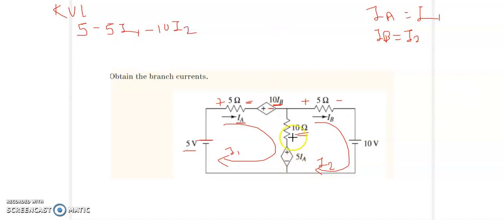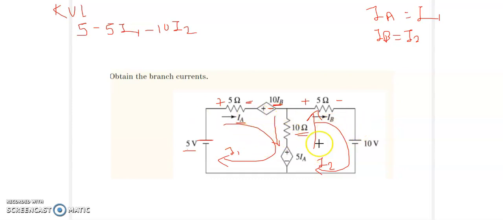Now coming to this 10 ohm resistor which lies on the common branch, as it is common to both the meshes, the current flowing through it will be a combination of I1 and I2. Let us consider the directions. The I1 current flows from top to bottom in the 10 ohm resistor, whereas the I2 current flows from bottom to top. That means both directions are opposite.